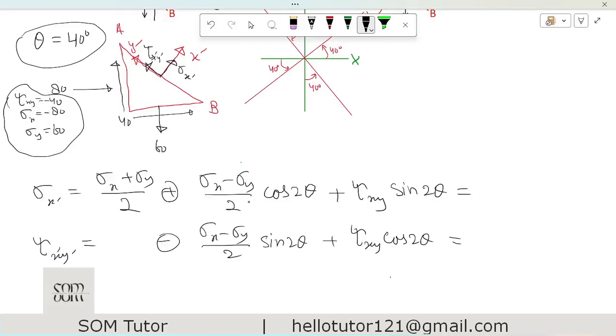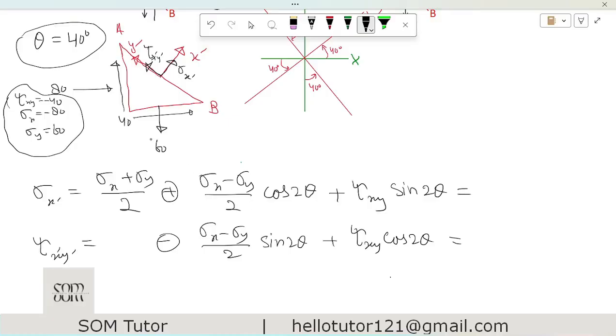So let us put these values in the calculator. Sigma x is minus 80, plus 60, divided by 2, plus (minus 80 minus 60) divided by 2 cosine of 2 times 40, because theta is 40.